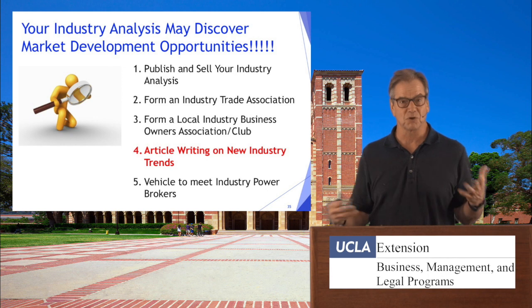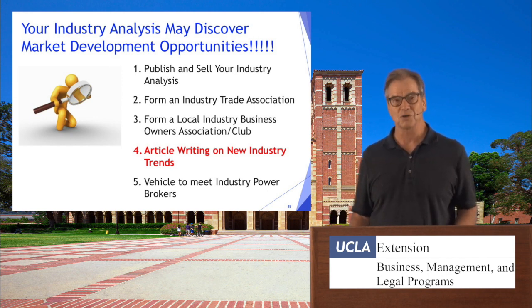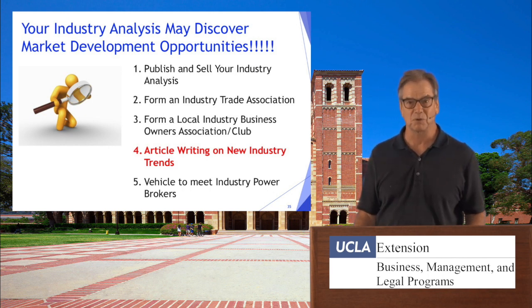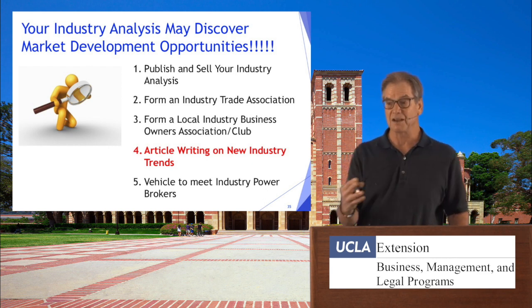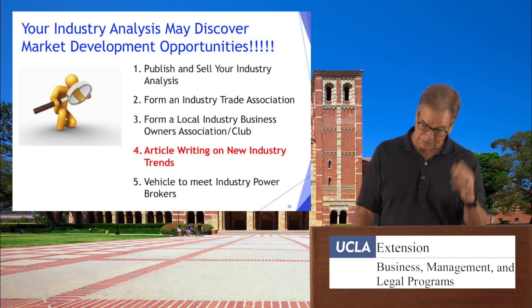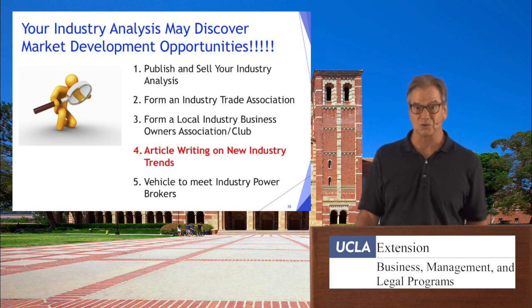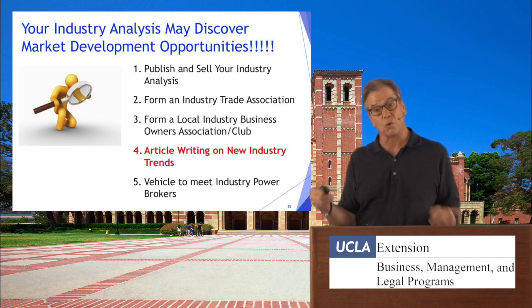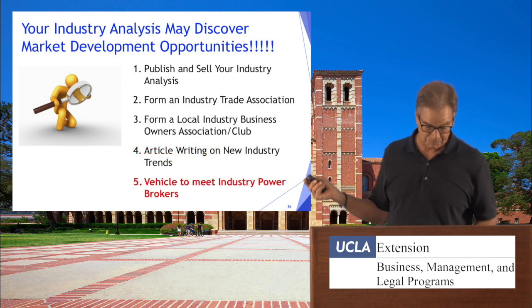People start referring to them, and then all of a sudden, your article might be read or downloaded by umpteen thousand people, and you're a celebrity in the industry, and then word of mouth leads to customers. But just keep in mind, there might be the opportunity to write articles on the industry that people aren't writing, or write a book, articles or book.